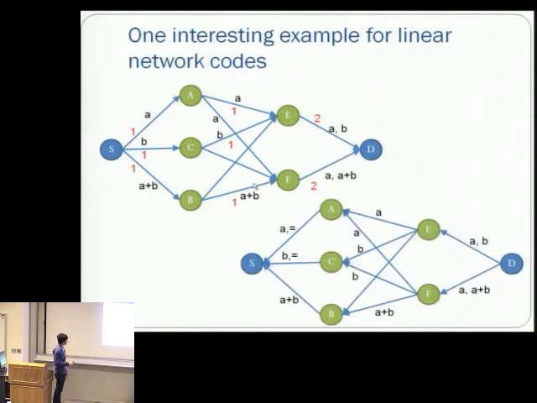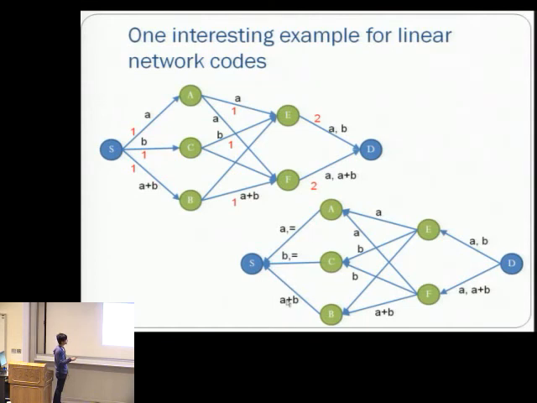However, if we consider the inverse of this, the backward version of this network, where all the link capacities are the same, just the directions are inversed. So from D to S, if you want to stick with linear network codes, you can never achieve a rate of 2.